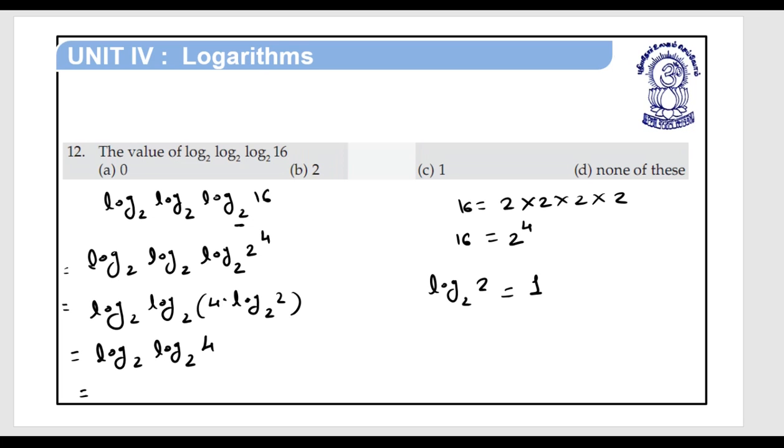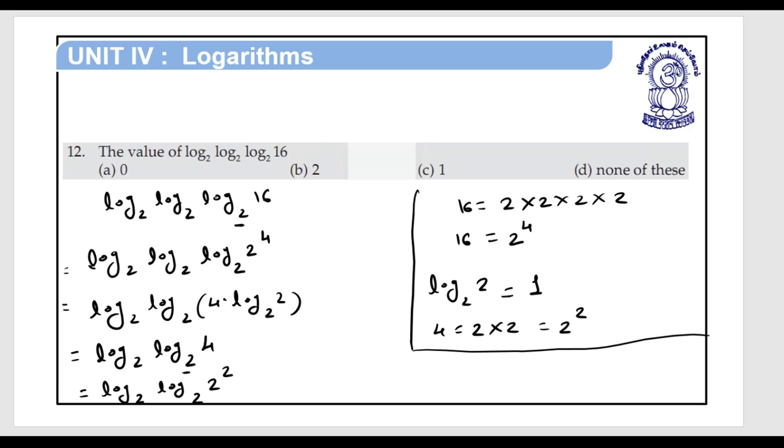Convert 4 into the form of 2. 4 is equal to 2 into 2, so 2 square. So log to the base 2 of 2 square, we can write 2 log 2 to the base 2.